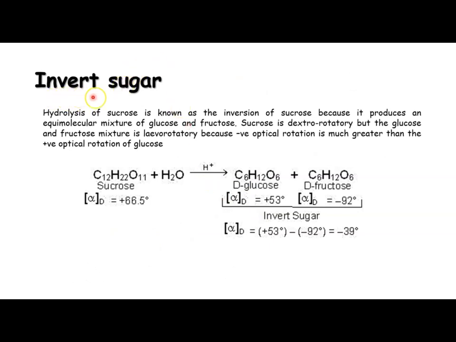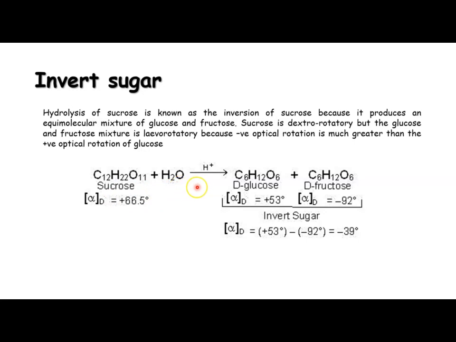Now we will talk about invert sugar. Sucrose is also called invert sugar. When sucrose is present in this format, it is dextrorotatory, that means it rotates the plane polarized light in the right direction.